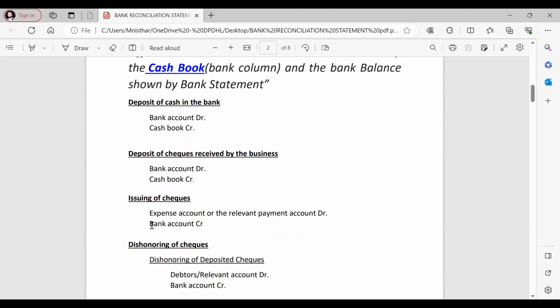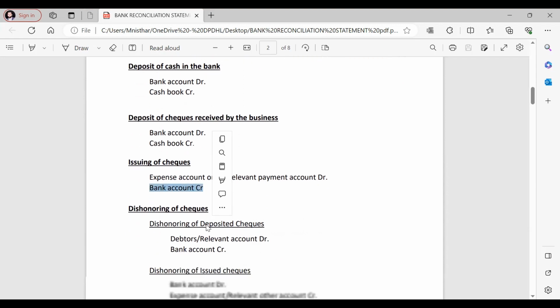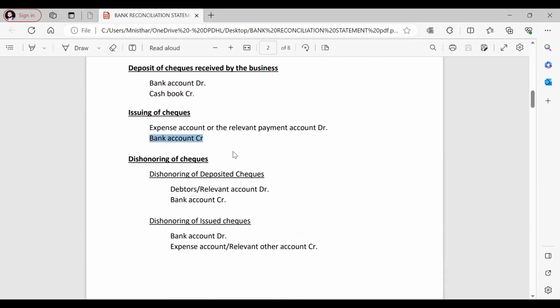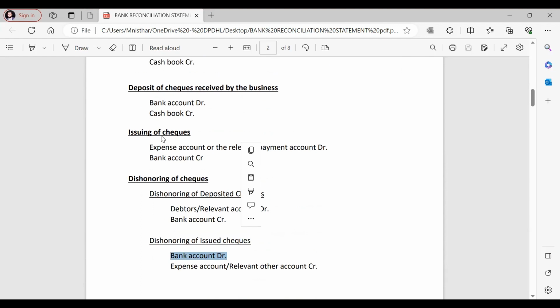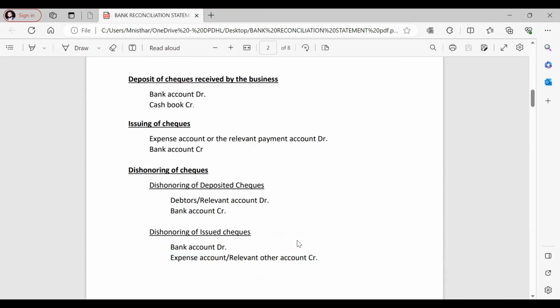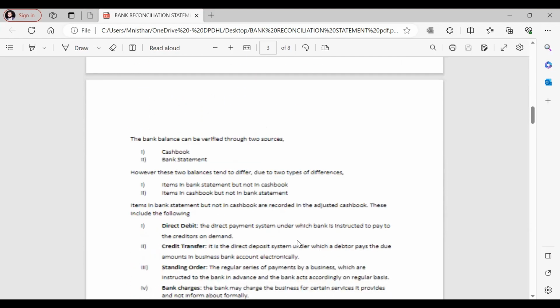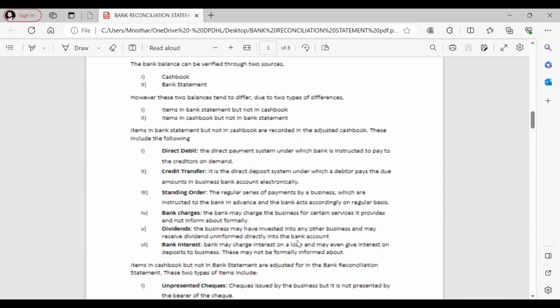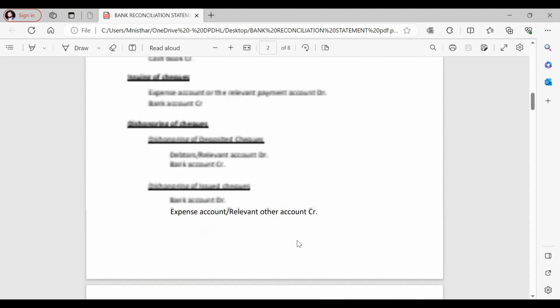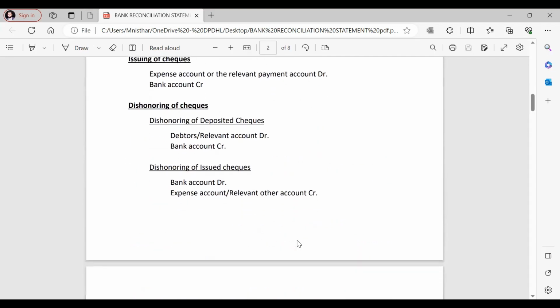But in this case, we didn't pay the certain amount on the check, so the bank account will be debited, and the expense account, which we debited earlier, will be credited. Why? We didn't pay the particular person, or the particular expense was not covered.